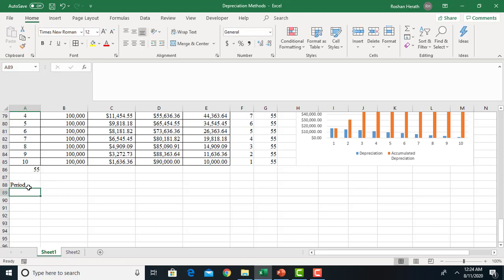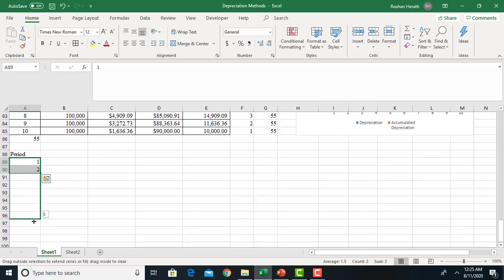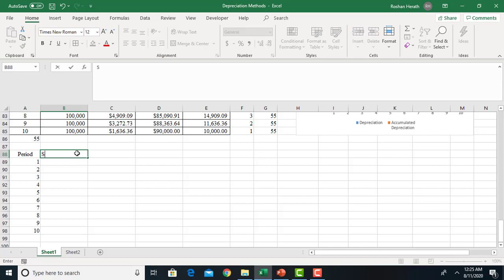You can take the period, it goes from 1 up until 10. First we used the straight line method, denoted by SLN. Then the second method was DB, the third method is DDB, and the final method is SYD.